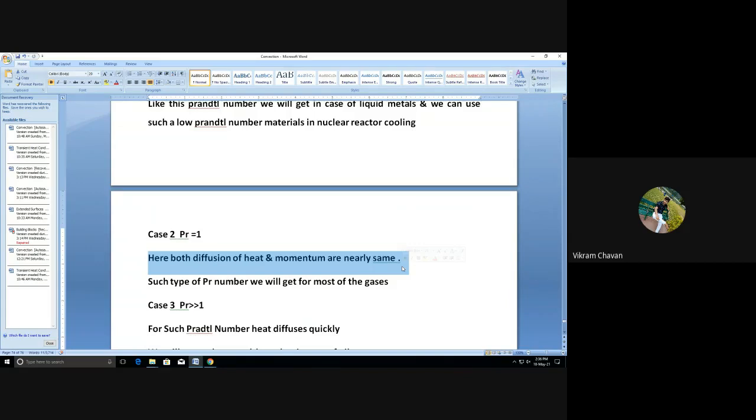So the velocity boundary layer thickness and the thermal boundary layer thickness collapse onto each other, and we see them on one line only, having the same boundary. Such Prandtl numbers we get for most of the gases.